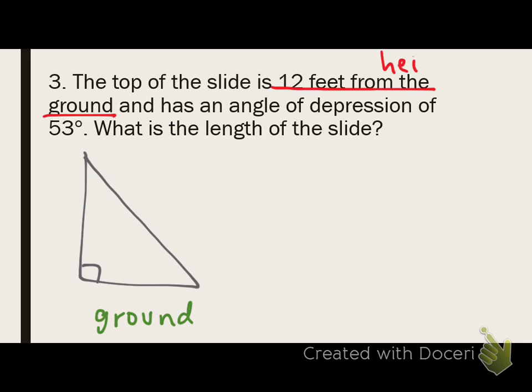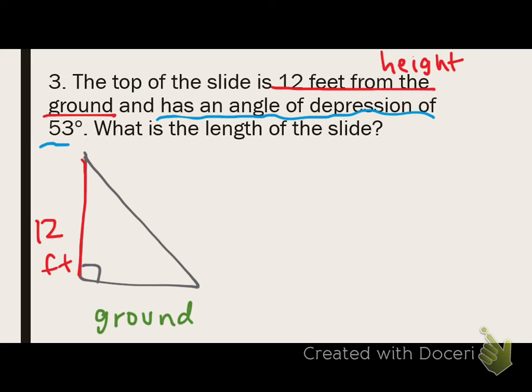The height, which would be the left. So you are all correct. This is 12 feet from the ground, which is really high, if we're being honest. I think the ceiling's probably 12 feet. And has an angle of depression of 53 degrees. What is the subject of this sentence? Has what as an angle of depression?